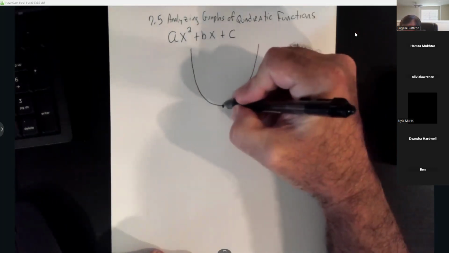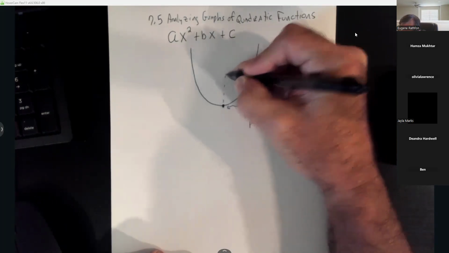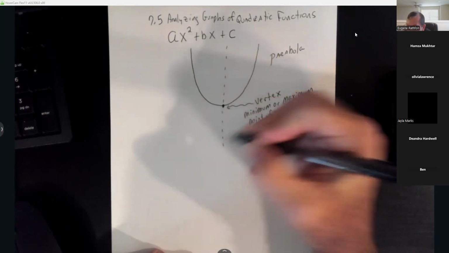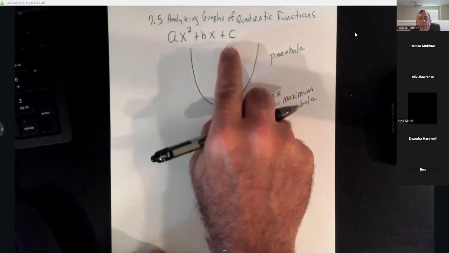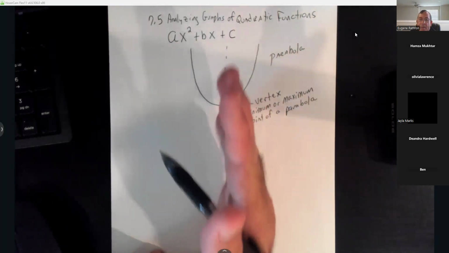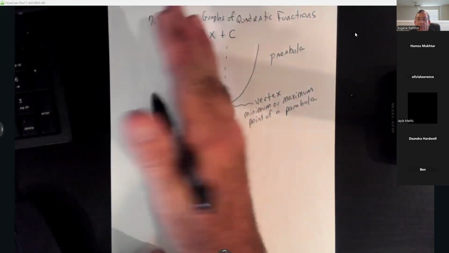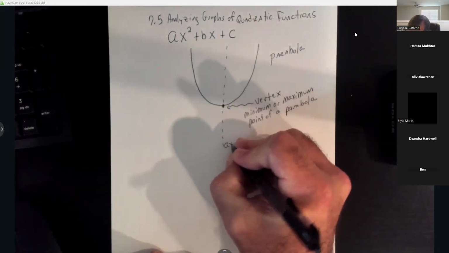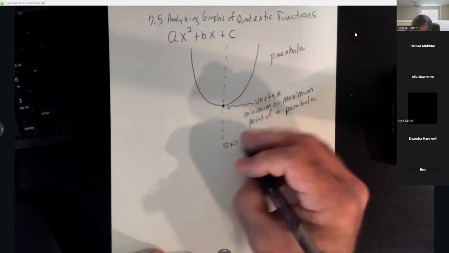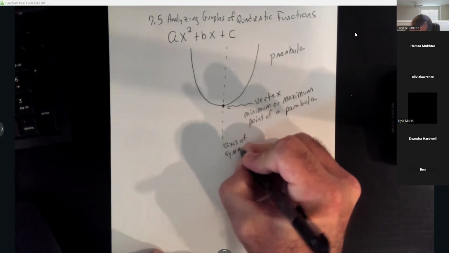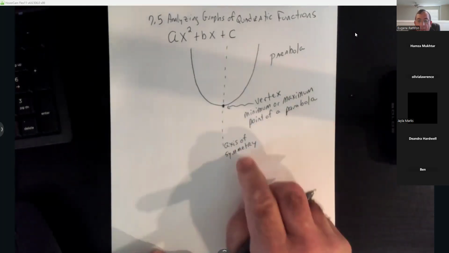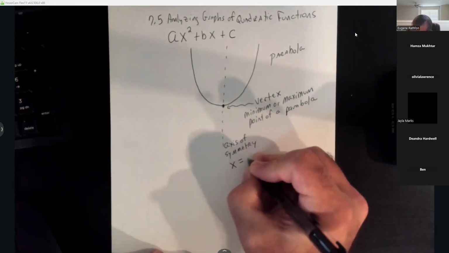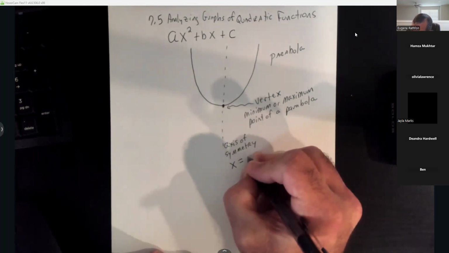Also, this vertex here, the vertex is the point. If you drew an imaginary line through that vertex, it would cut that graph in half. So this is called the axis of symmetry. The axis of symmetry comes in the form of x equals some number.